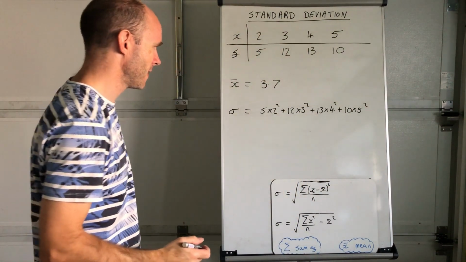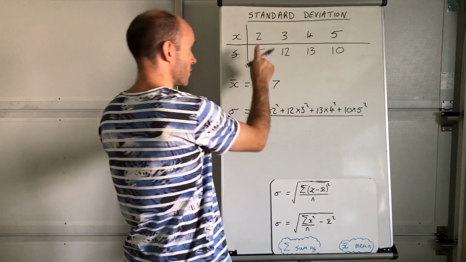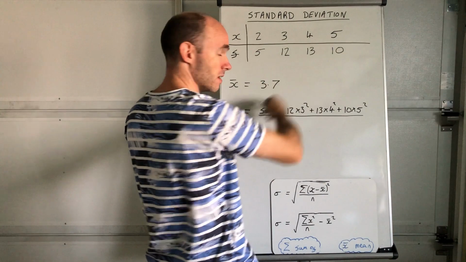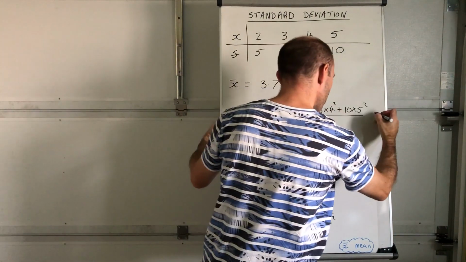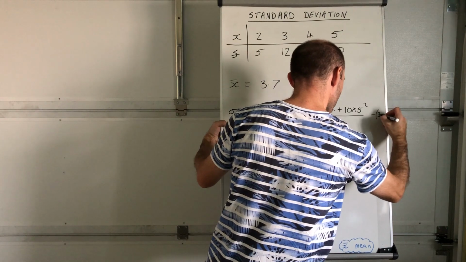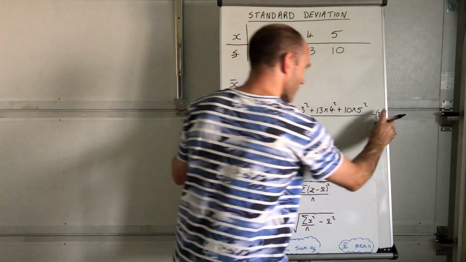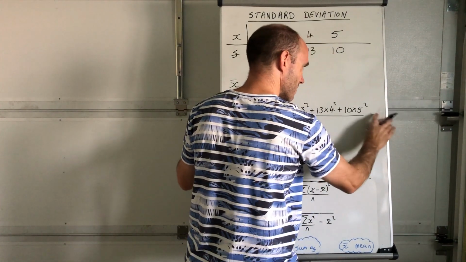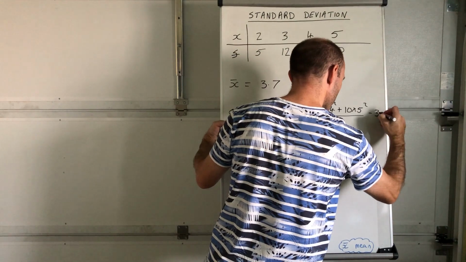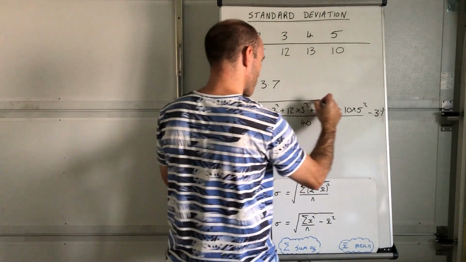And then we're going to divide that by the total frequency, so 5 plus 12 plus 13 plus 10, which was 40, and then we're going to subtract the mean squared. So subtract 3.7 squared. Do you mind if I just put 3.7 squared like that, just so it fits on, and then square root everything?